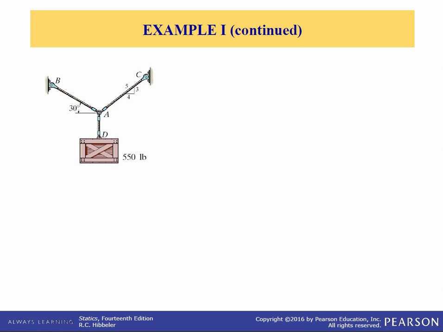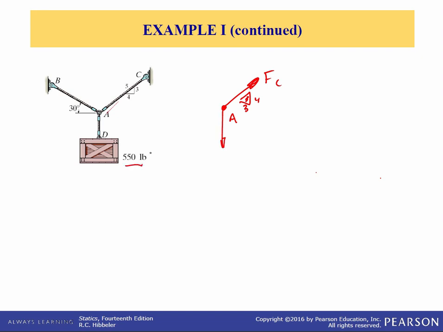So first let's do the free body diagram. So I have this point A, and there is a force in the AC cable, which I'm going to call F sub C, and it's on a 3-4-5 triangle. Then we have the weight of the box.